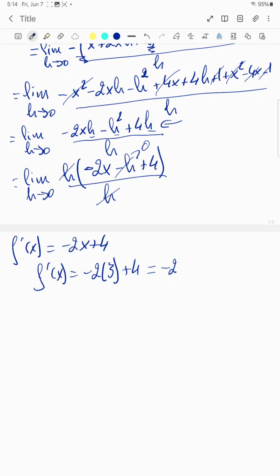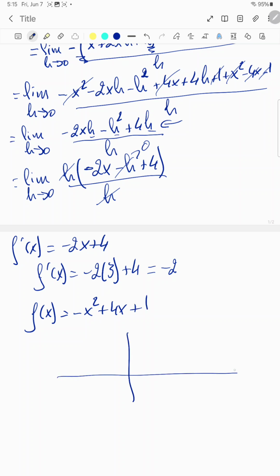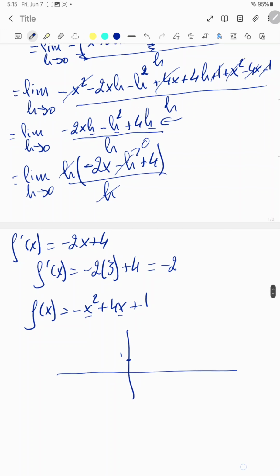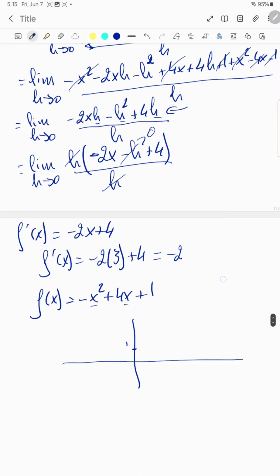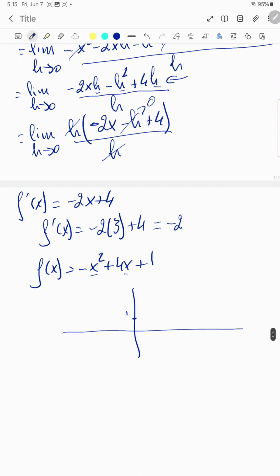Let's draw my function. My f of x used to be minus x squared plus 4x plus 1. And if I want to draw it, for x equal to 0, f of x is equal to 1. It's going to pass by here. And I know the opening is toward the down because my a is negative.